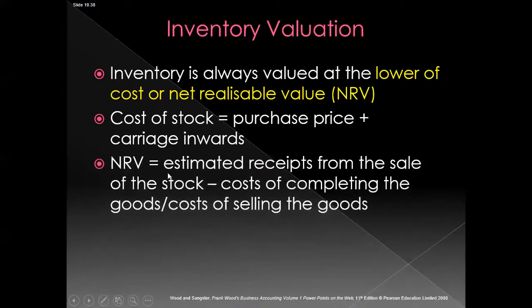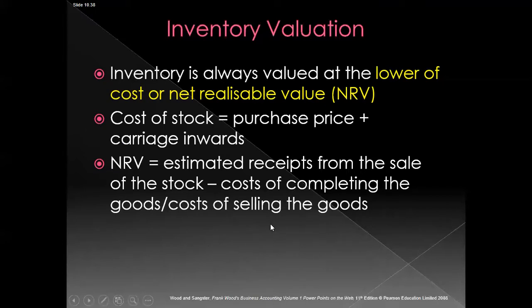Net realizable value equals the estimated receipts from the sale of stock minus the cost of completing the goods. If it's damaged, then the cost of fixing it is the cost of completing the goods, and the cost of selling the goods.